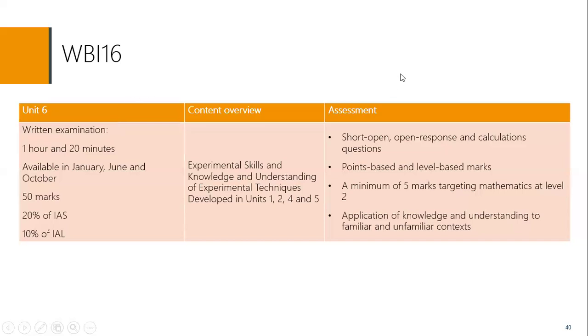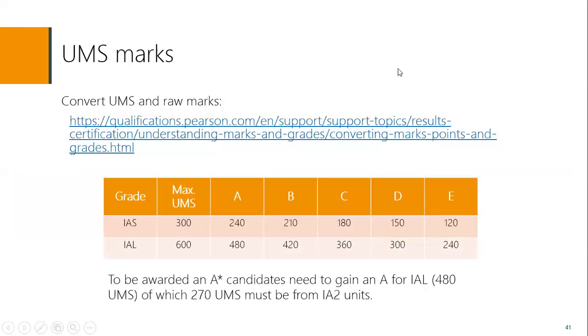We're going to briefly now look at how grade boundaries are set. The raw mark on a paper is used to calculate a final mark, or a UMS, unified mark, for the unit. Candidates are then given a grade for each unit.